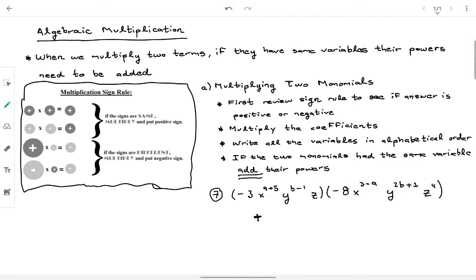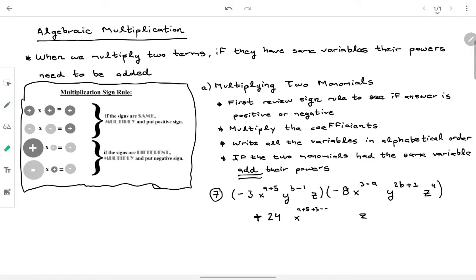It will be 8 times 3, it's 24. Then we are going to put our variables that are x, y, and c. What happens with the exponents is that we are going to add the exponents. So we get a plus 5 plus 3 minus a.